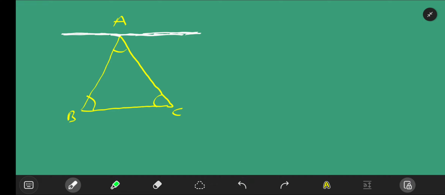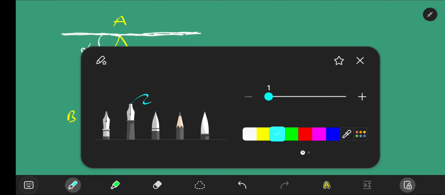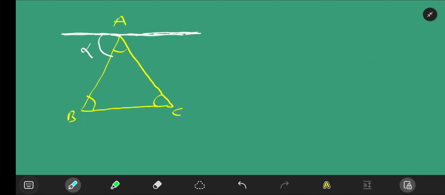Now if you see, I am considering this angle as alpha. As we know, this is one parallel line, this is another parallel line, and a transversal is passing through these two parallel lines. Here a Z is forming. Z means alternate angles are forming here.